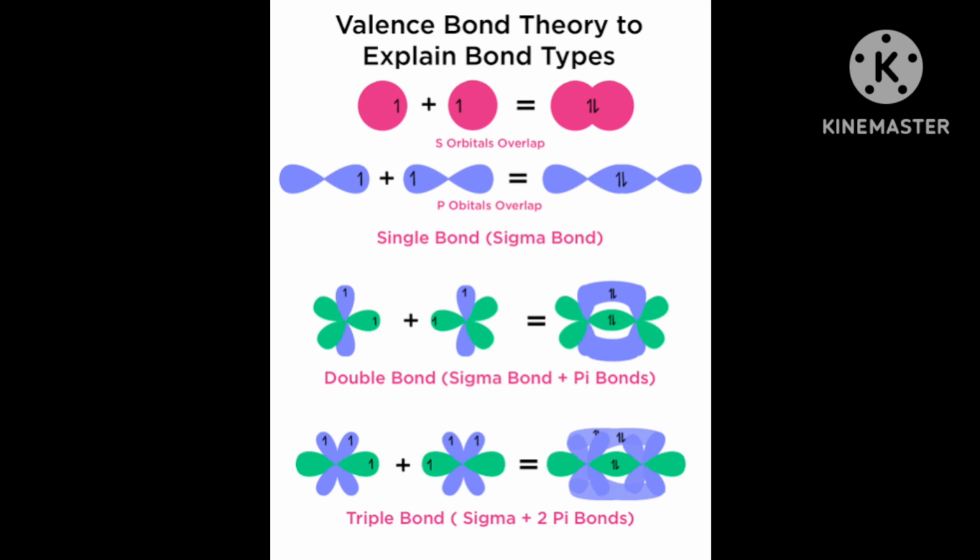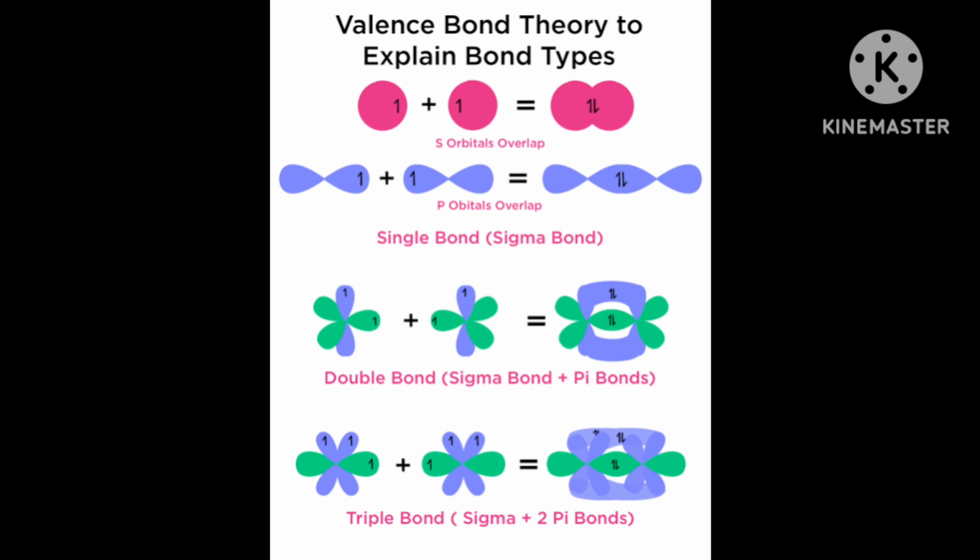Here we first consider the cobalt orbitals. You write the electronic configuration of cobalt 3 plus. Cobalt 3 plus means you subtract 3 electrons from the atomic number of cobalt.